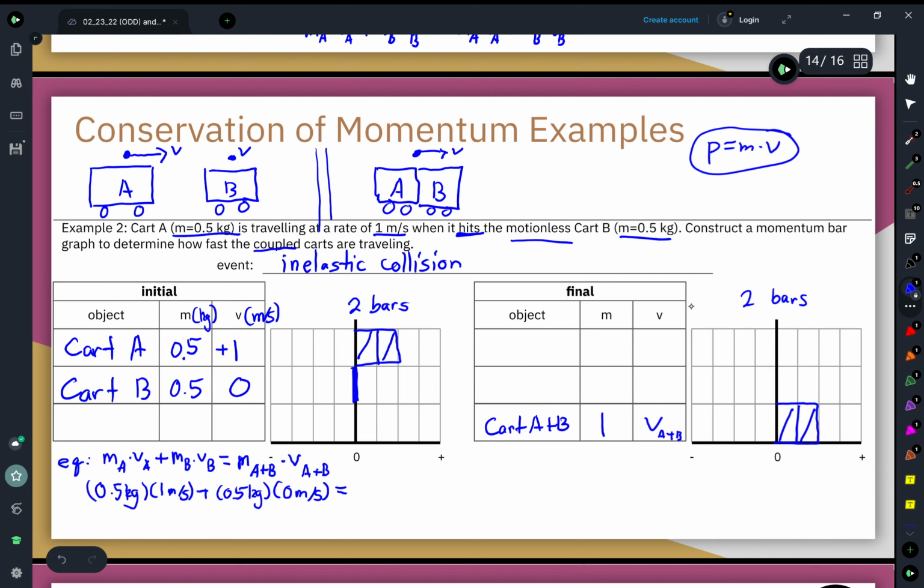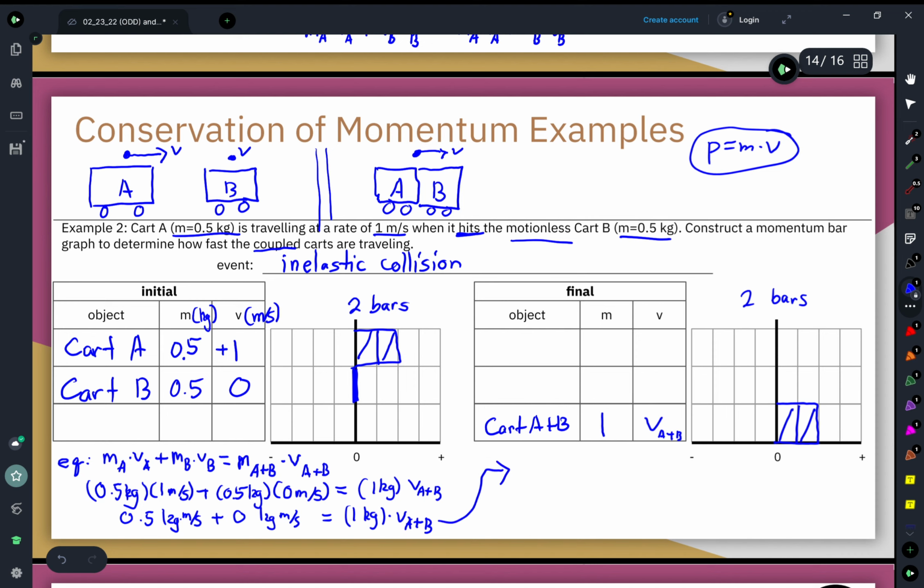That is equal to the combined mass of carts A and B when they're coupled together, 1 kilogram, times our velocity of A plus B. 0.5 times 1 is 0.5 kilograms times meters per second, plus 0.5 times 0 is 0 kilograms times meters per second. That is equal to 1 kilogram times velocity of A plus B.